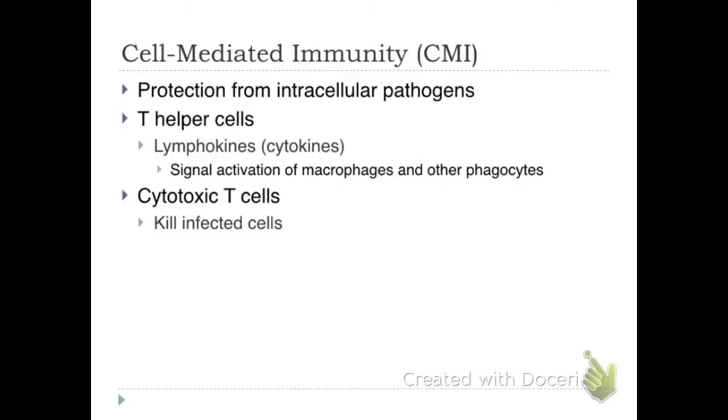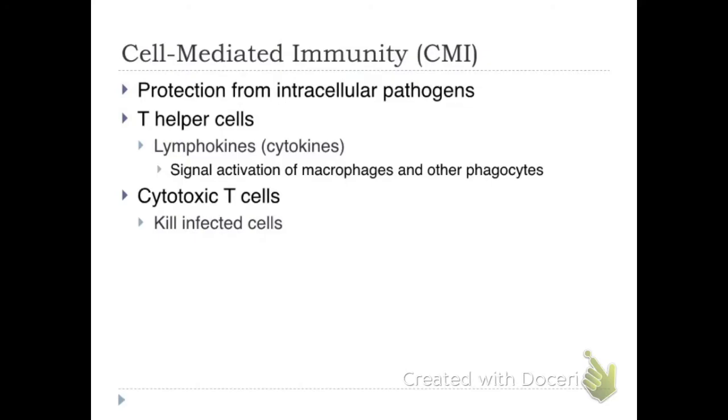Cell-mediated immunity will allow protection from intracellular pathogens. This would include, what are the cells that are involved? The cells that are involved include the T helper cells and the cytotoxic T cells.